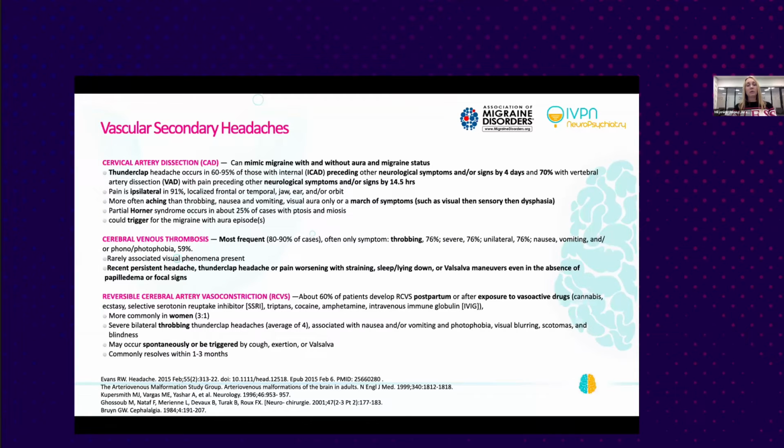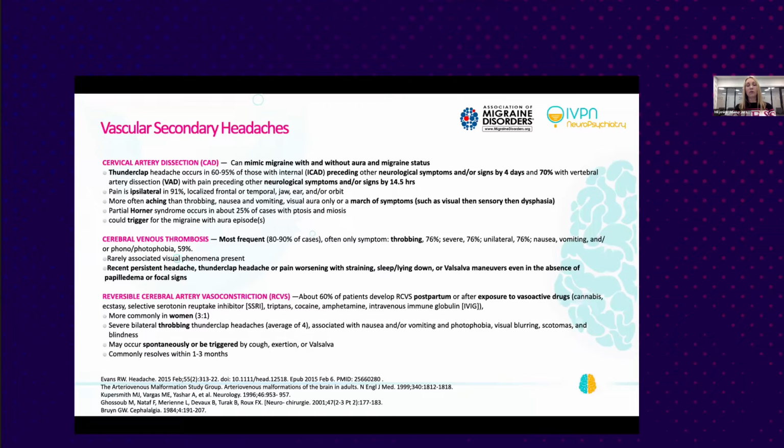What can we say about cerebral venous thrombosis? Well, it's rather frequent and it's really migraine-like, and it is actually causing a mass effect in the head, and that's why the pain starts.